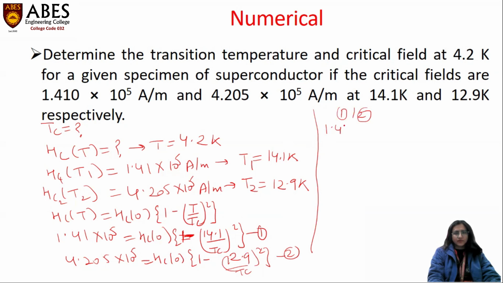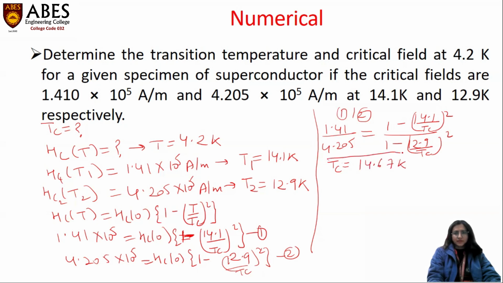We will have 1.41 divided by 4.205 is equal to 1 minus (14.1 by TC) square divided by 1 minus (12.9 by TC) square. So on solving this, the value of TC which is obtained in this question is 14.67 Kelvin. So this is the first parameter which we have obtained in this numerical.